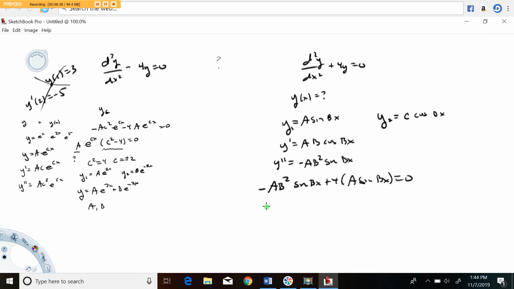Do a bunch of factoring. Let's see, we can factor an a out, a sine of bx, and then we'd be left with minus b squared plus 4 equals 0.